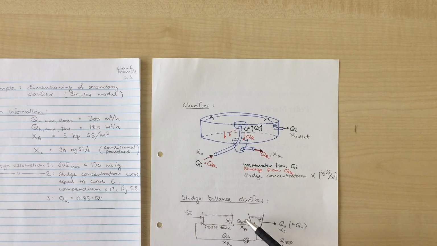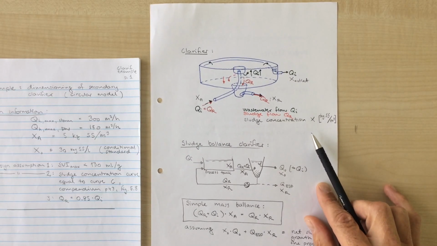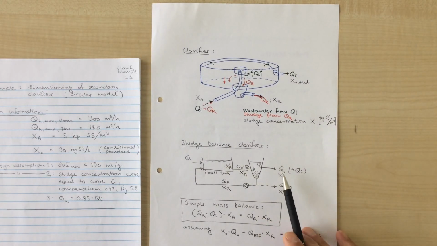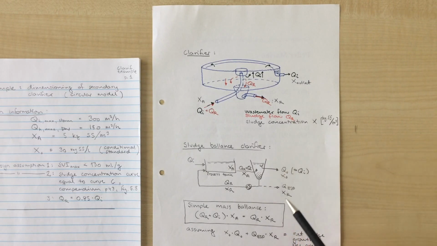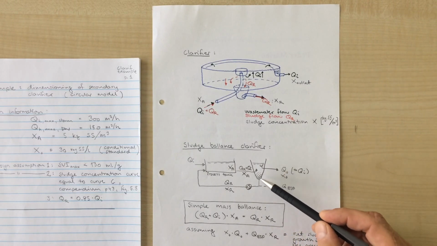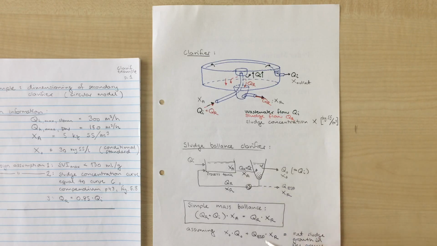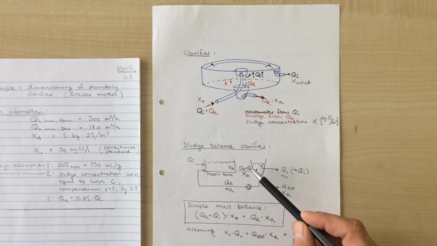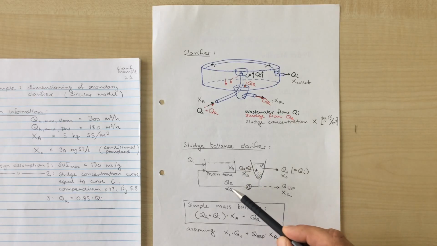So this is the inlet we've got. We have a sludge concentration equivalent to the maximum sludge concentration in the process tank. We want a low concentration of solids in the outlet, and we have to return all of our settled sludge, or almost all of it, so that we have a sludge balance that says that whatever comes into the clarifier is equal to what goes back to the aeration tank.